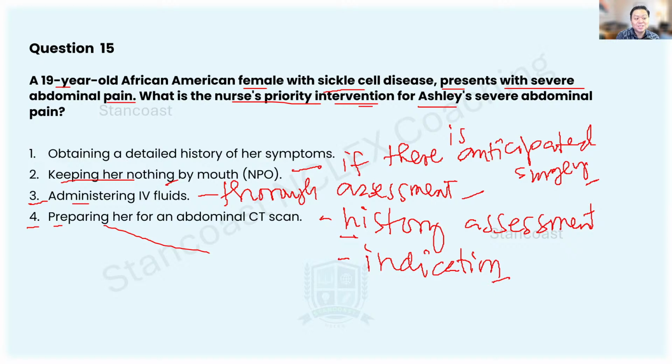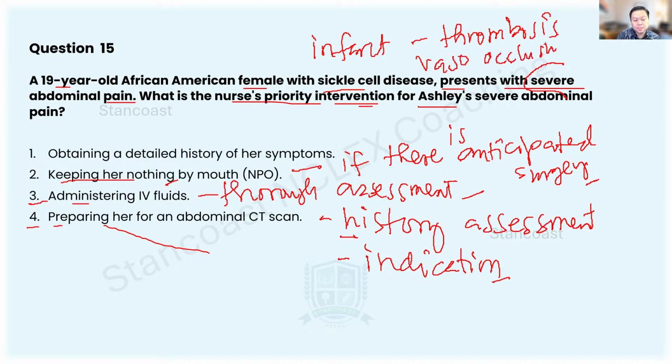We need to investigate the patient's severe pain. What is going on with our patient? Is this caused by a possible rupture of a blood vessel? Or it could be caused by an infarct of one of the organs because of the thrombosis. Okay? Because of the vaso-occlusive problem.